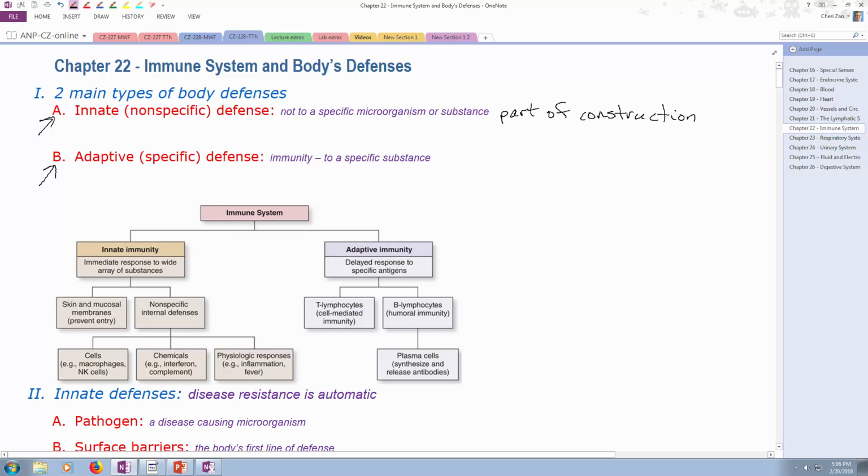It protects us. Our construction is protective against the nasties in our world. So that's the innate, and that's why it's called nonspecific defense, because it doesn't matter what the thing is. This was here as a barrier to prevent anything from breaking through. Well, once it breaks through, however, we need to have a system that will take care of it if it actually then passes over a few other barriers that we have. And that's what our adaptive or specific system is, and that's what real immunity is.